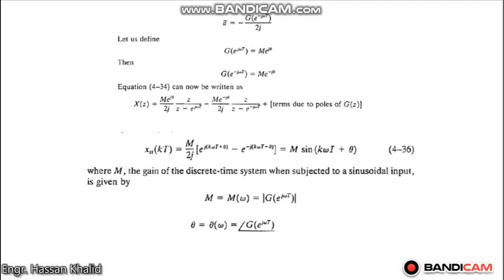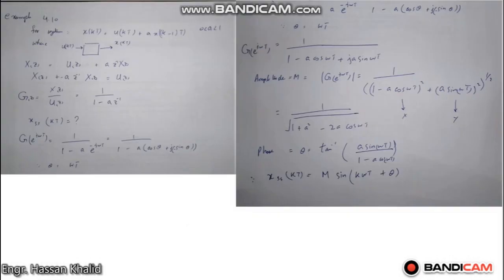Now let's return to the example. After simplifying, we can find the magnitude of the whole system. The amplitude M is equal to the mod of the system that we require. That means 1 over the square root of the square of the real terms plus the square of the imaginary terms.